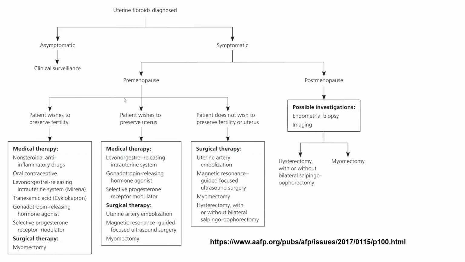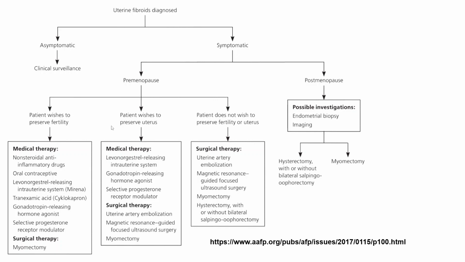If the patient is in a premenopausal stage, then some patients may wish to maintain their fertility, some may not bother about fertility but have to preserve the uterus, and some patients do not wish to preserve fertility or the uterus. These are the three categories.